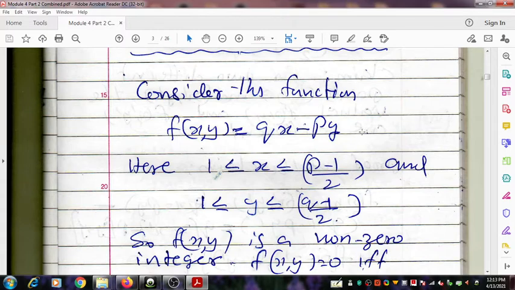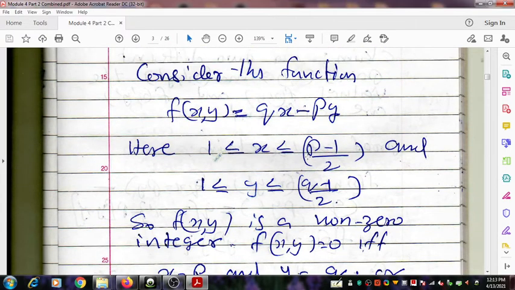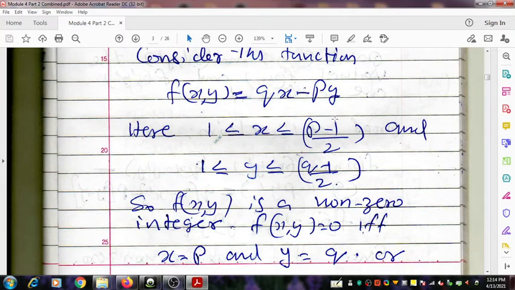Then you get 0. But that situation is not possible, because according to the given range of variation, x and y can vary only within this range, so x cannot be equal to p and y cannot be equal to q. So that possibility is removed. That case is not possible.